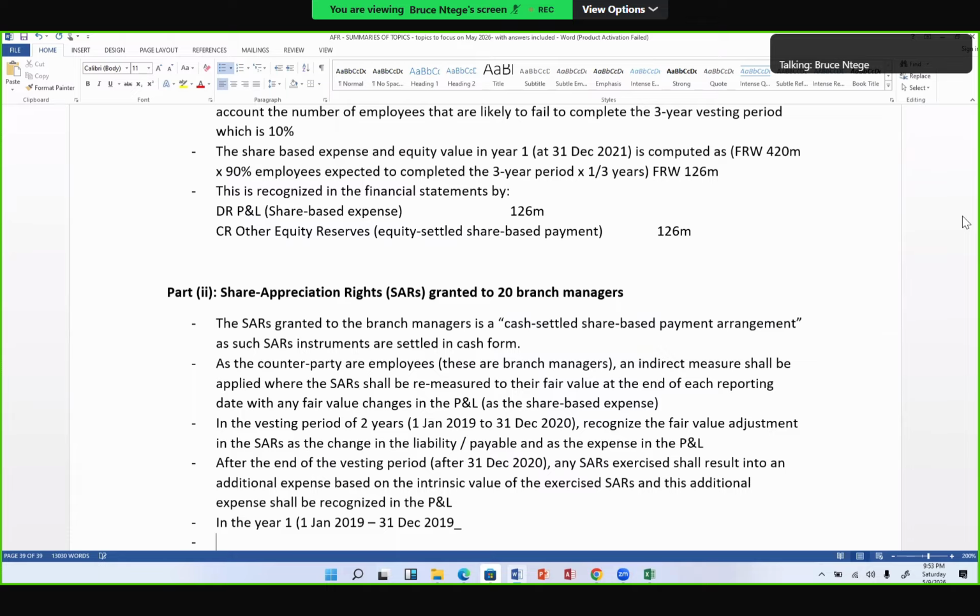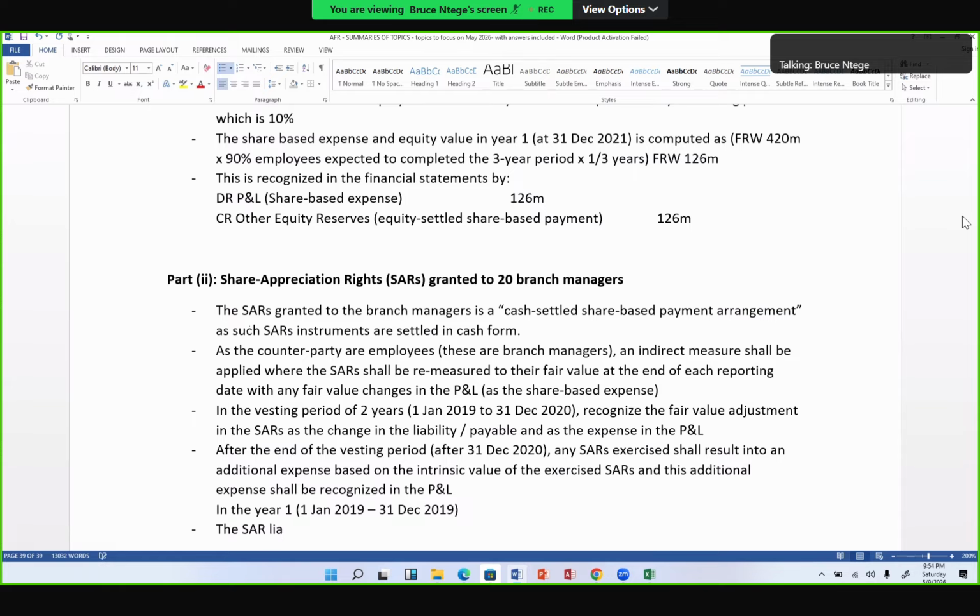So we shall say that the share appreciation rights liability is remeasured at year end, 31st December 2019.